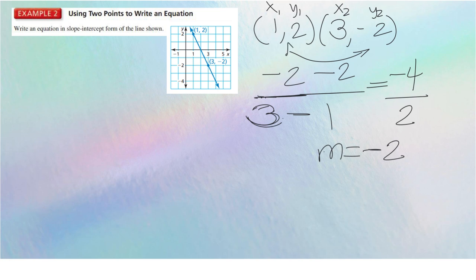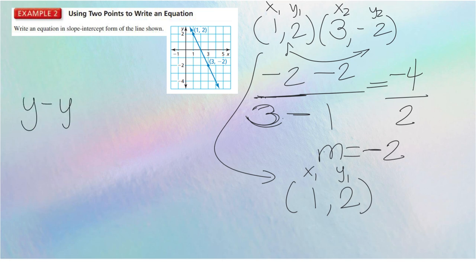So now I've been given my slope, and I could pick any of these 2 points. I'm going to pick my first one, which is 1 and 2, correct? So that's going to be my x1 and my y1. Am I able now to write my equation? Yes, Miller. Remember, it's y minus y1 equals m times x minus x1.